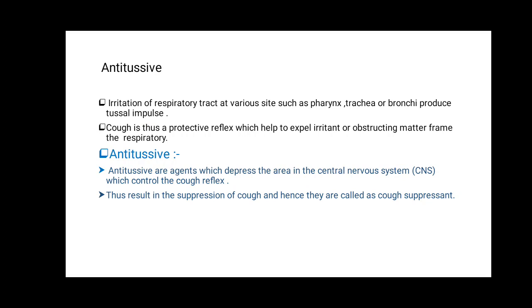Drugs for the respiratory system: in this we discuss expectorant, mucolytic, bronchodilator, decongestant and antitussive. Expectorant means throw out from the body. Mucolytics are drugs from a respiratory drug class which aid in the clearance of mucus from the airways.